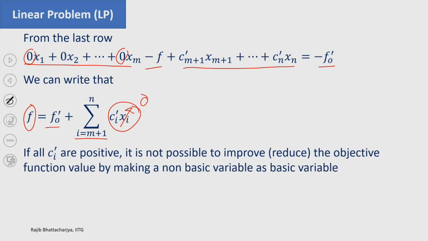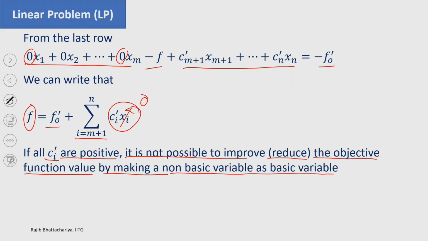Now, if all c I dash are positive, as we explained when we solved the problem in the last class, it is not possible to improve, or we can say reduce, in this case, because this is a minimization problem. It is not possible to improve the objective function value by making a non-basic variable a basic variable.